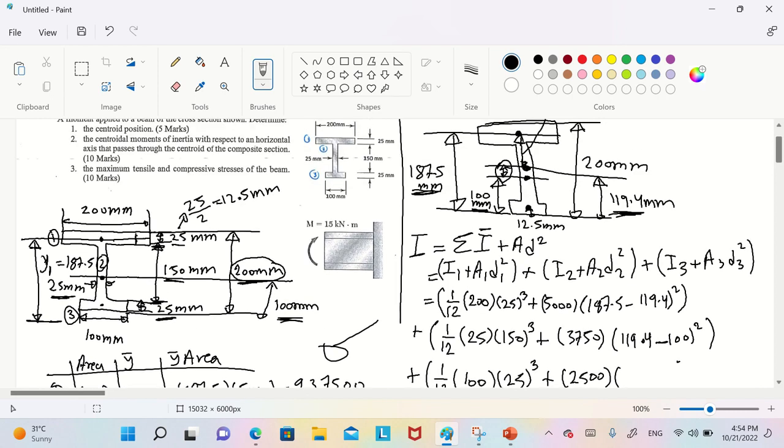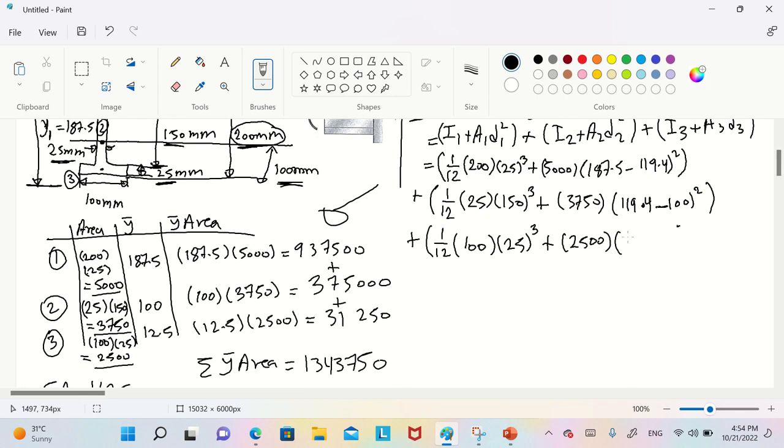Now the distance between the center of the third to the center of the whole thing is 12.5 minus 119.4, or 119.4 minus 12.5 to get the distance over here.